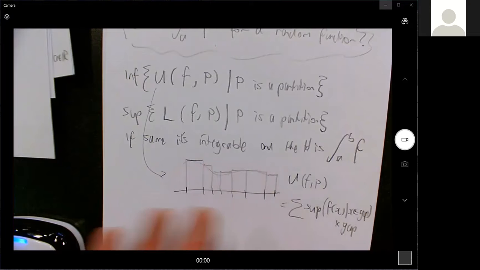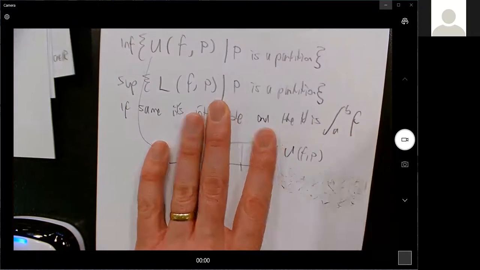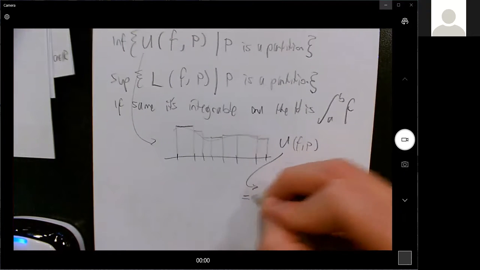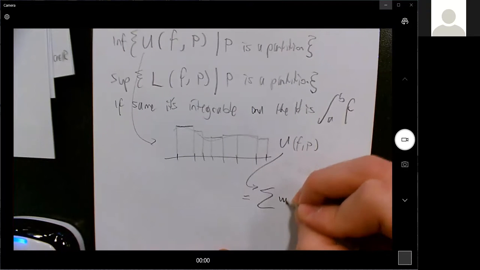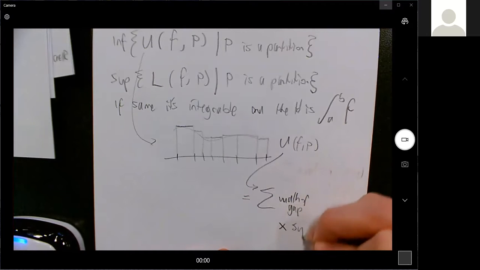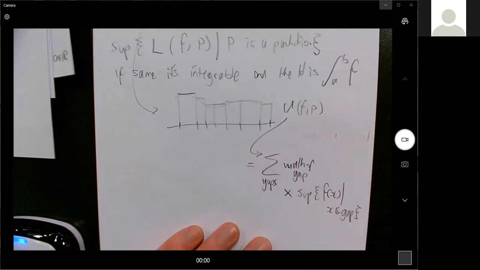That's not a very good mathematical way of saying it, but I can make it clearer if I need to. It was the sum of the width of the gap times the supremum of the function value of x such that x is in the gap, across all the gaps. Yeah.